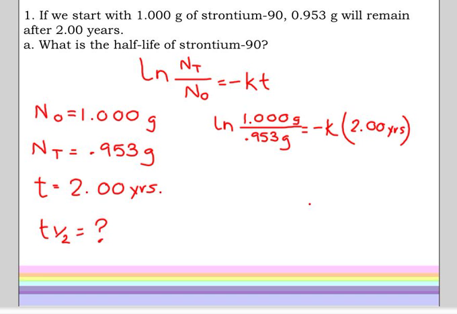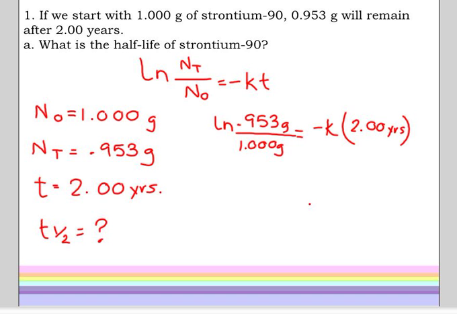So you have to be careful and actually look at your equation and say, what can I do? If you look on the left side, you can actually put that in your calculator and get a number. So you would hit the natural log button. Oops, I just realized I totally flipped this upside down, so I apologize. So we have natural log of 0.953 grams over 1 gram.